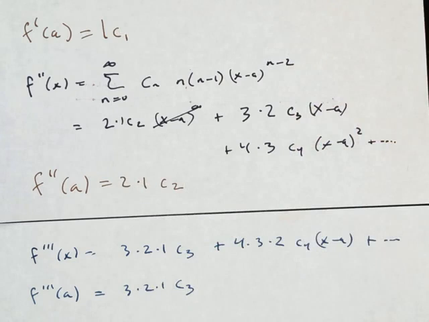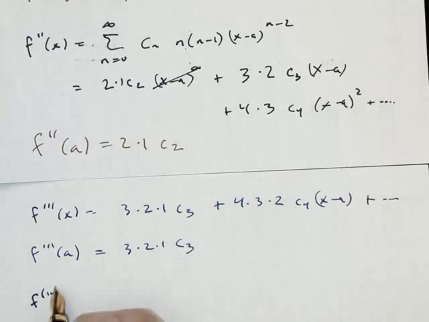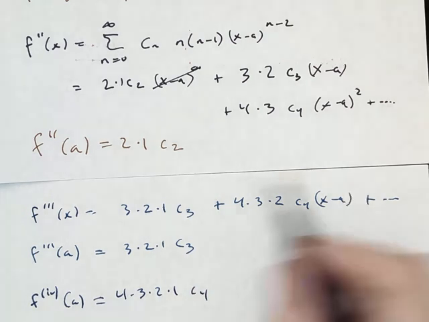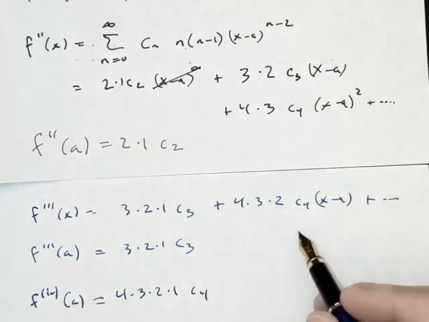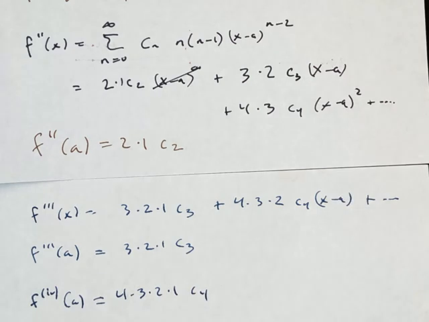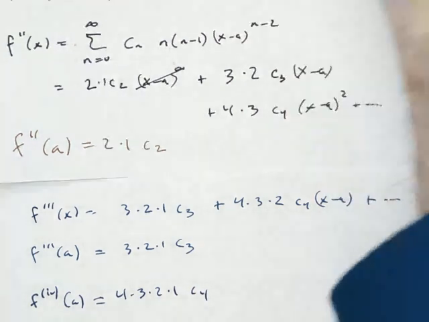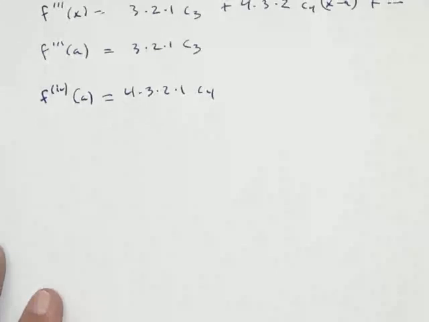If this pattern persists, then my fourth derivative should be, and that makes sense if I take one more derivative, this is the piece with the constant. It turns out this is going to persist.